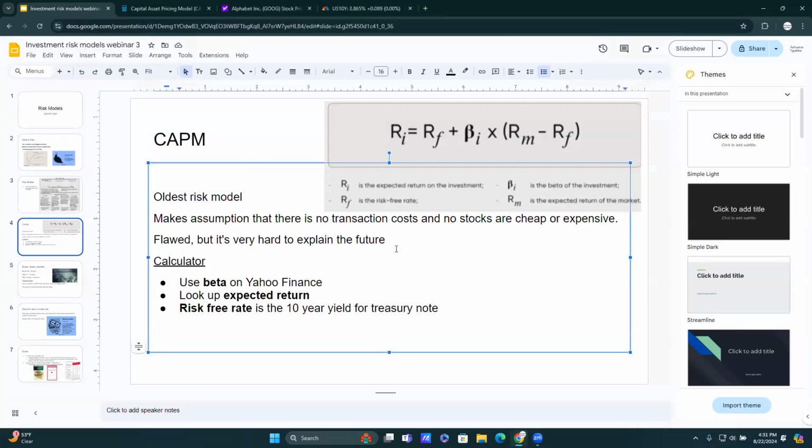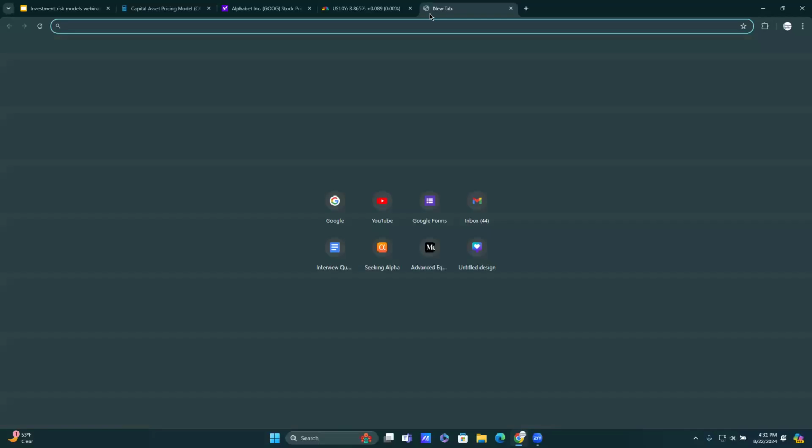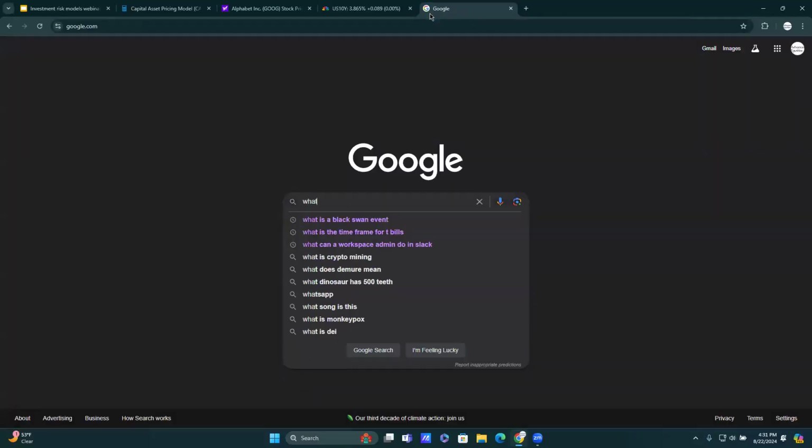I'll explain again why that is the risk-free rate. We got the risk-free rate, and now we're going to look up the expected return. We can do that just by looking up what is the expected return of the stock market.